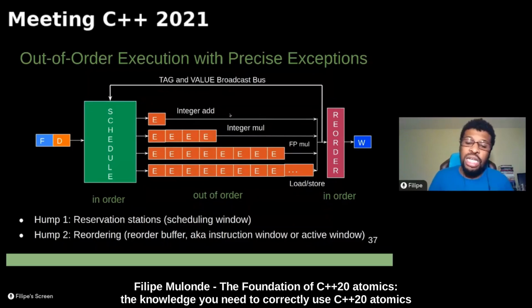But it's important to understand that these functional units have different latencies. For example, integer addition takes 1 cycle to complete an instruction, and integer multiplication takes 4 cycles. Because of that, instructions can complete out of order.